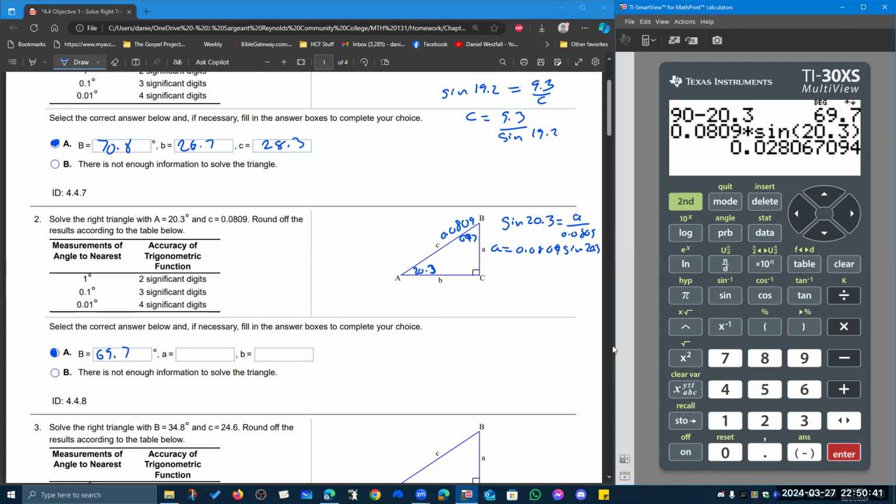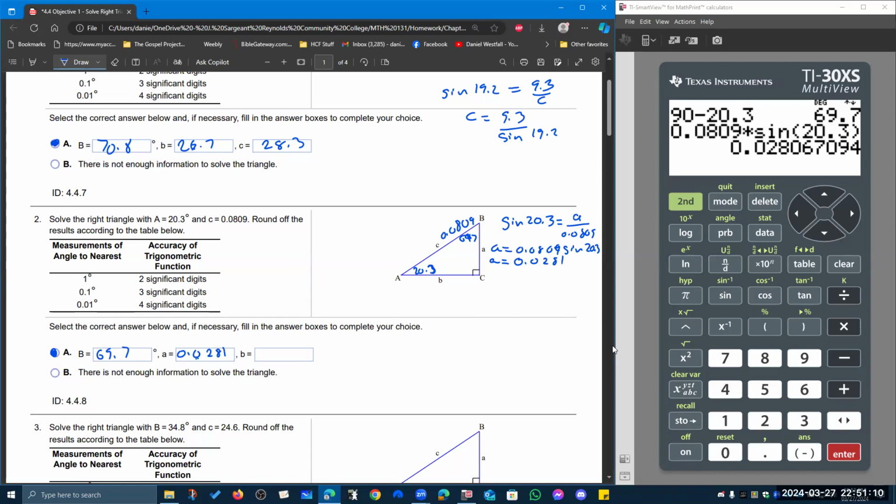That means that A is, and we're dealing with to the nearest tenth here, so we're going to go to 3 significant digits, 0.0281, because that first zero is not significant.